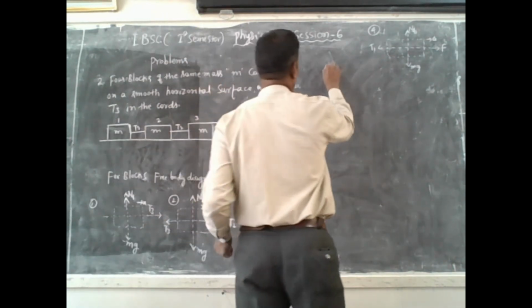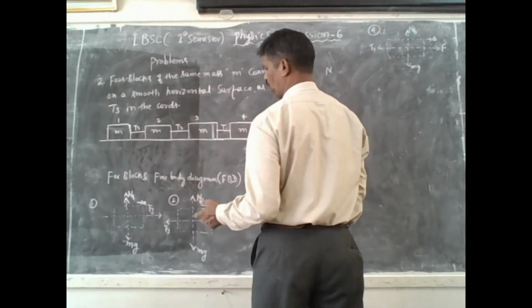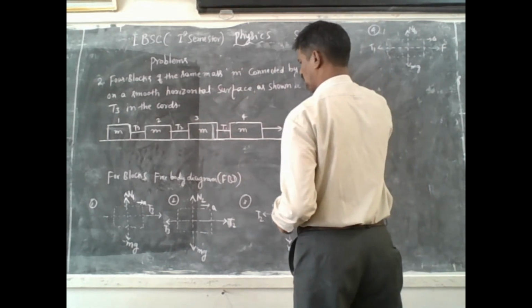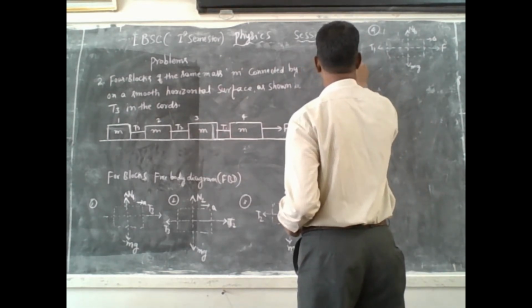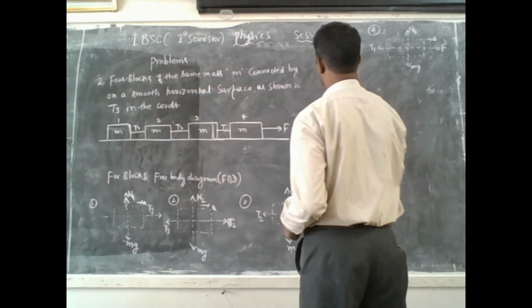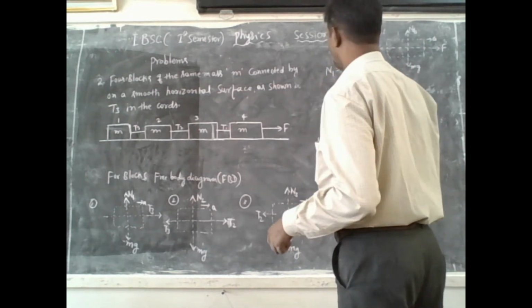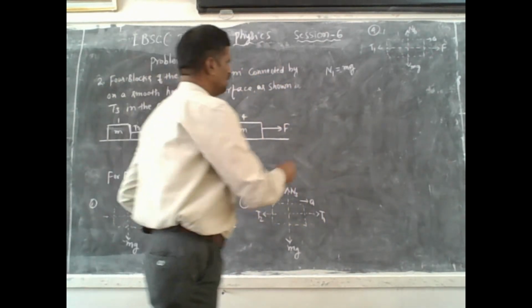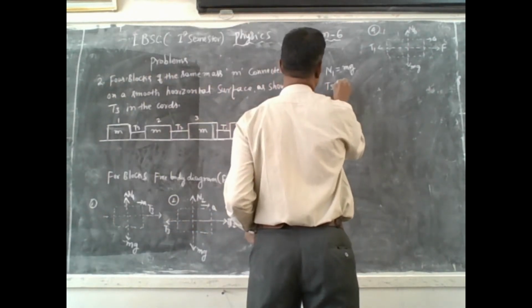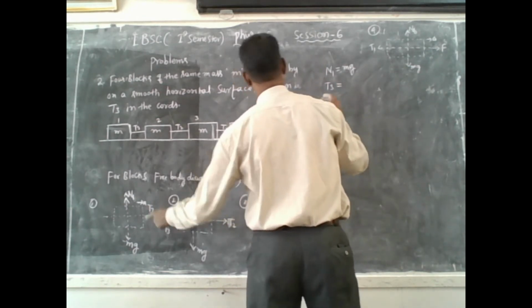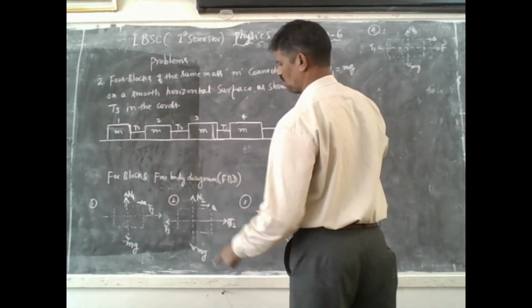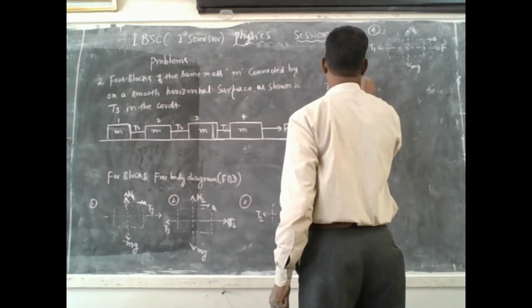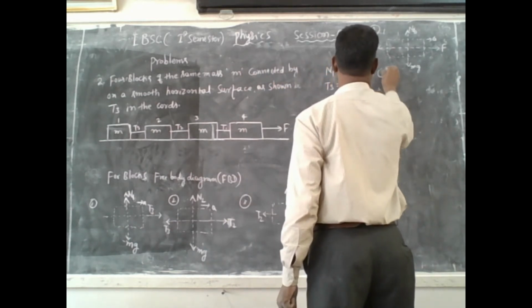Here the summation of the forces along the y-axis is given, right? So N1 is equal to mg, isn't it? And the tension T3 is equal to, this is in the positive case, so we have to take the mass, equation number 1.